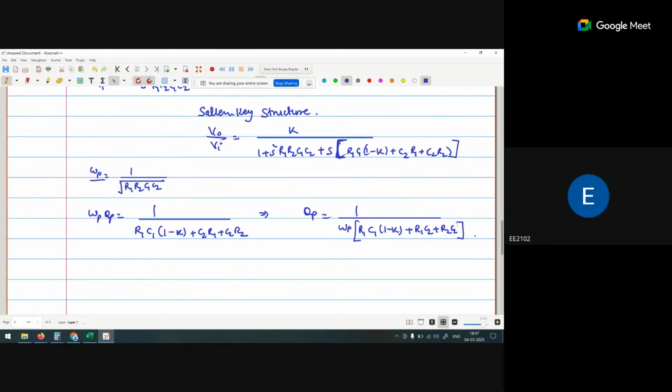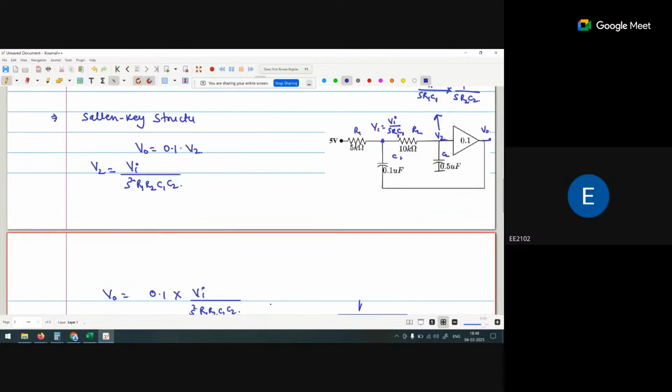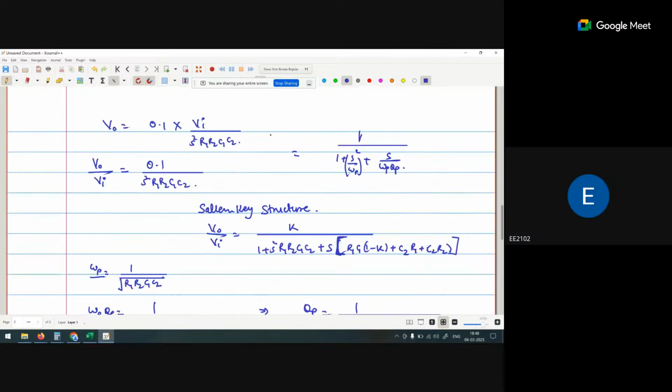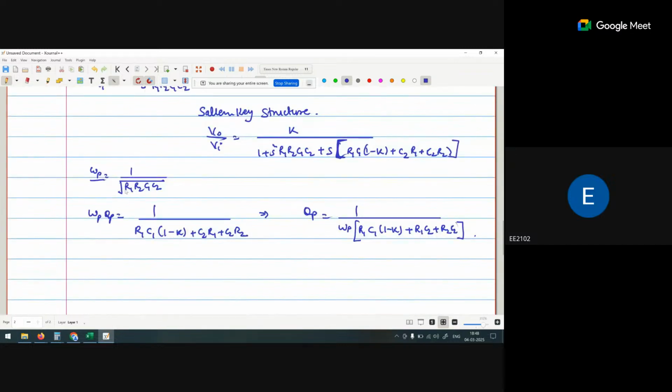Now put the values of R1, R2, C1, C2, and what is K? K is 0.1. This is K, and the R1 R2 C1 C2 values are already given. Put these values, calculate first of all omega p, and then after that Qp.